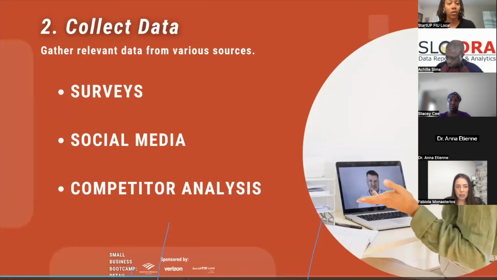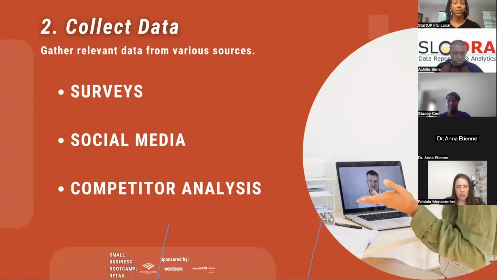So I'm glad that you all caught that, because all of that information is done through collecting data. And for the purposes of targeting your audience, there are different ways to gather the relevant data information through various resources.